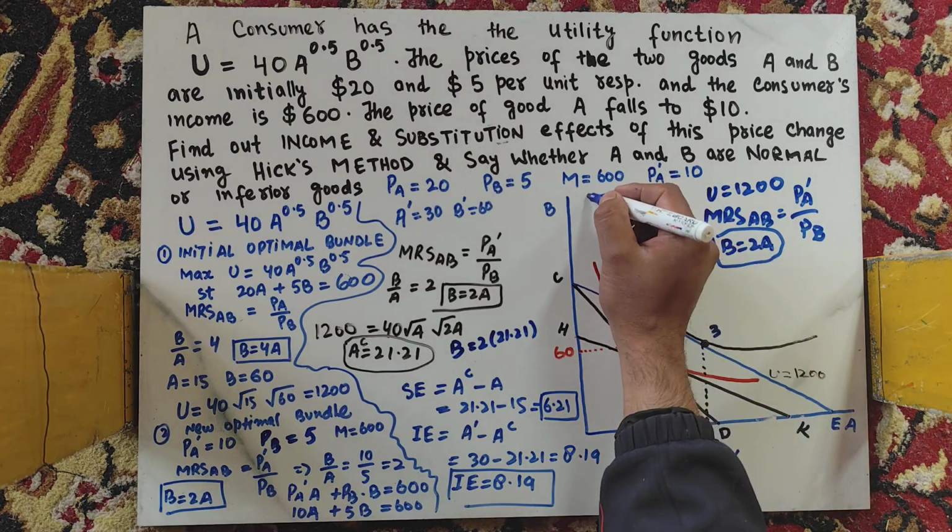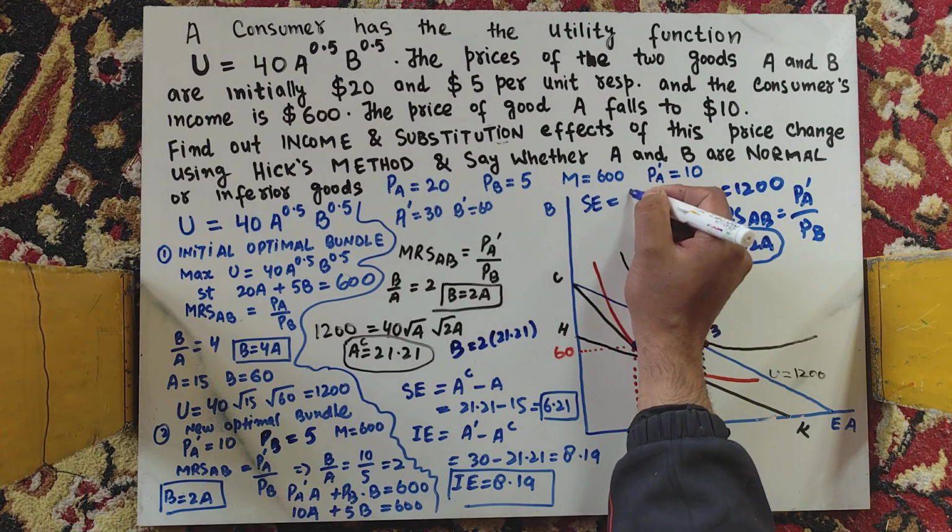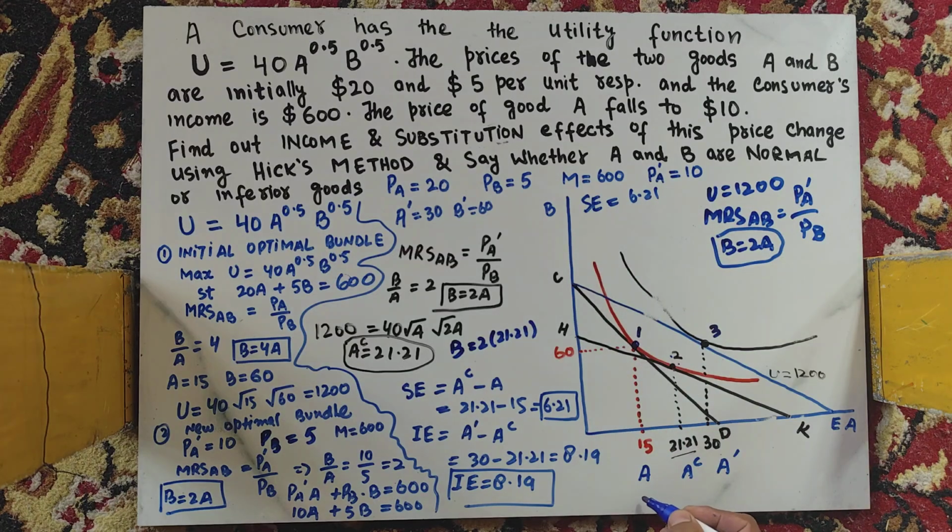So our substitution effect is 6.21. This is the total change from this to this, which is actually 15. This is the price effect, the movement from this line to this line, 15 to 21 is the substitution effect, and the movement from 21.21 to 30 is the income effect.